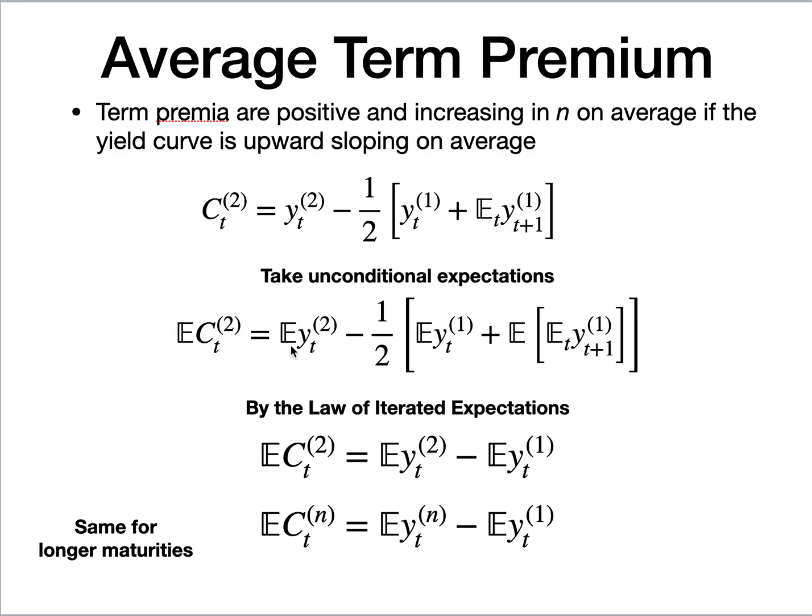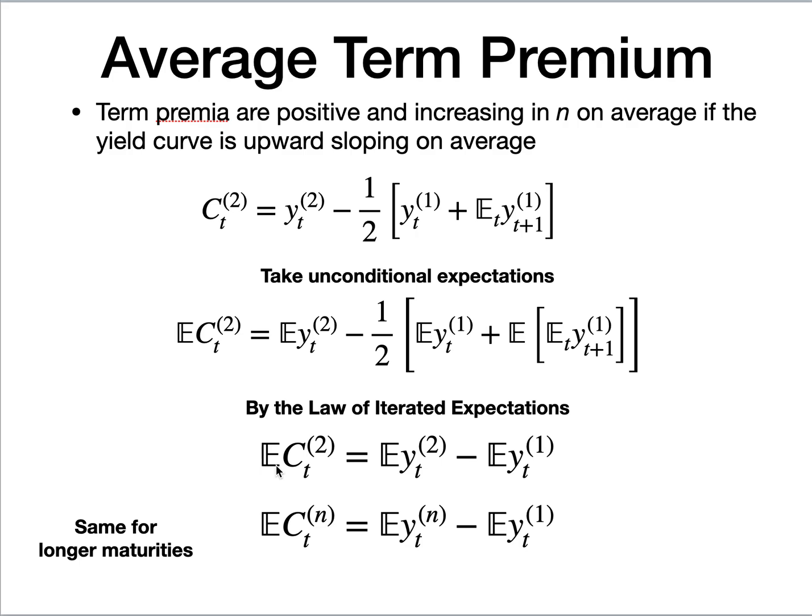The long run average of the 2-period yield would be 1/2 the long run average of the 1-period yield plus the long run average of our conditional expectation of the 1-period yield 1 period from now. And by the law of iterated expectations, this itself is just the unconditional expectation of the 1-period yield. So this formula, when we take unconditional expectations, can be written this way.